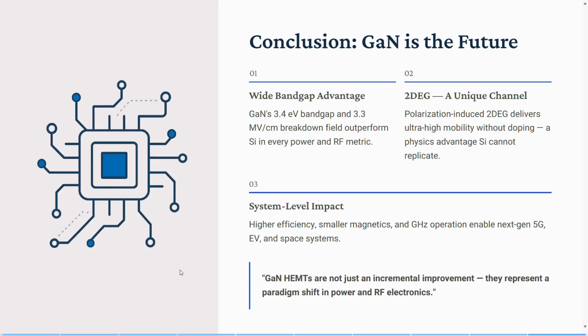We have covered the higher band gap advantage that GaN has over silicon, the unique channel effect, the 2DEG that is happening with the GaN HEMT device, and also the system level impact that it has on the device, that is electron transistor.